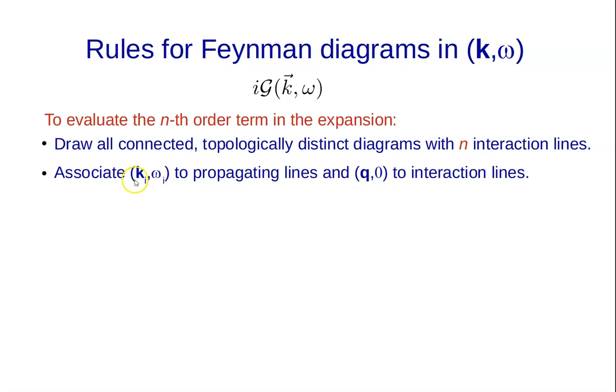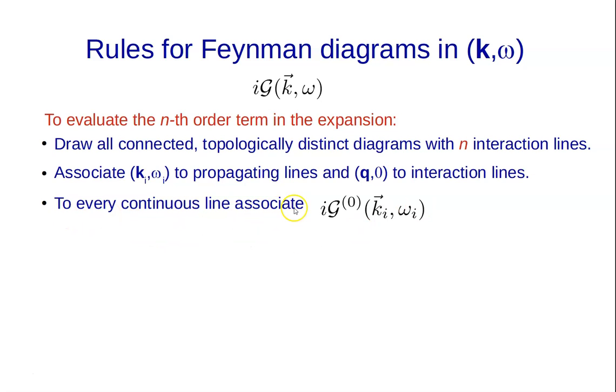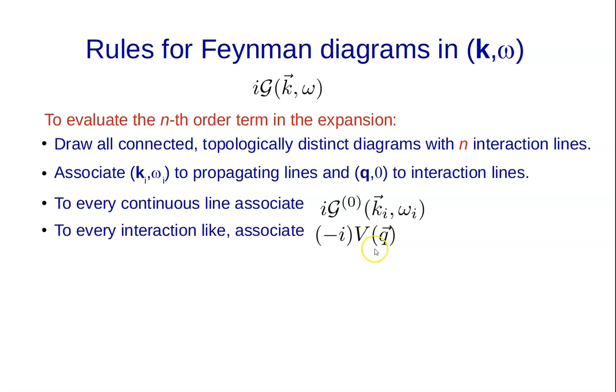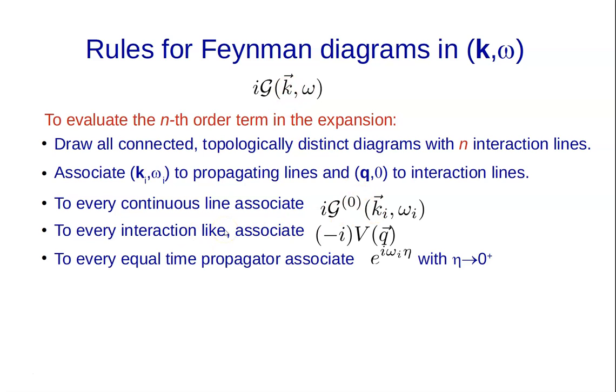Then we associate a momentum and a frequency to each of the propagating lines, and q with frequency 0 to the interaction lines. And to every continuous line, you associate a propagator using this k and omega. To every interaction line, you associate the minus i V(q). So this propagator is already in the frequency and momentum representation. And to every equal time propagator, you need to associate e to the i omega eta and take eta to 0 plus, right? So you don't get an infinity in the integral.